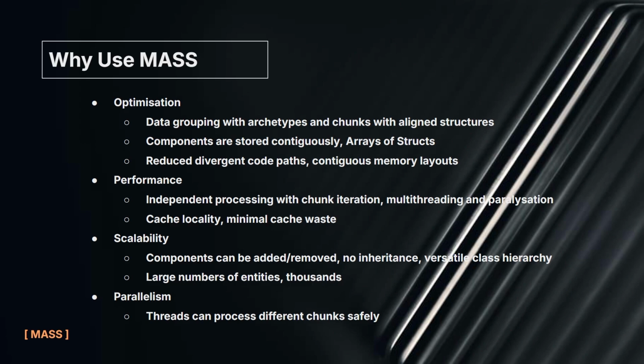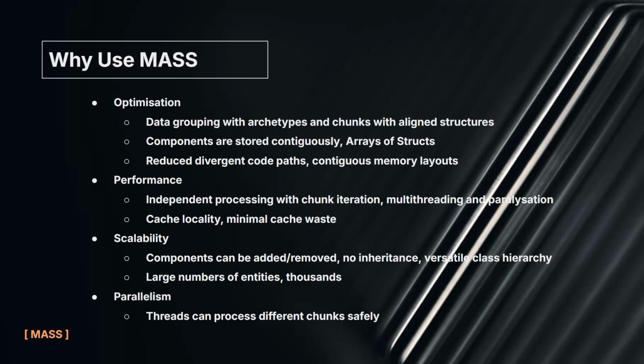So why would you want to use Mass or any entity component system? You need to optimize your game. You want to have a large number of entities, maybe thousands, and your object-oriented setup just isn't going to cut it. Mass is going to optimize that for you. It puts your data into what are called archetypes and chunks, which allows much faster access to and processing of all that data.